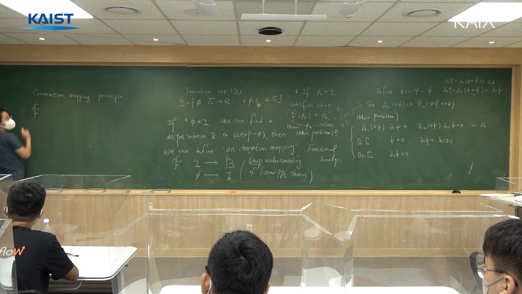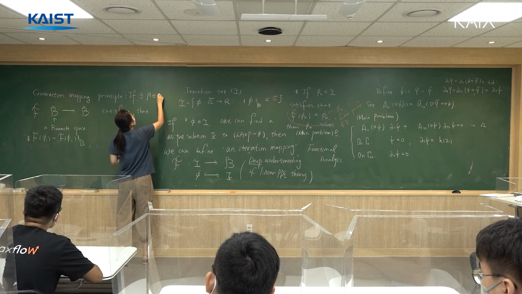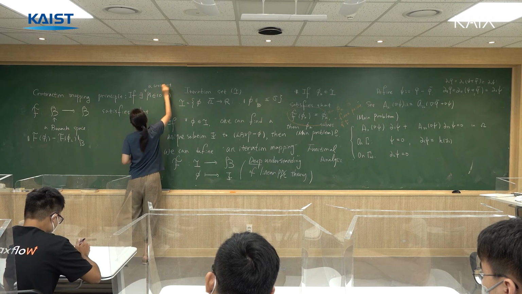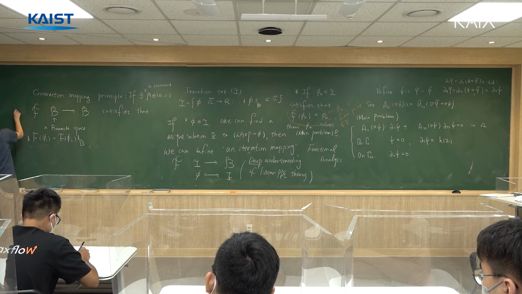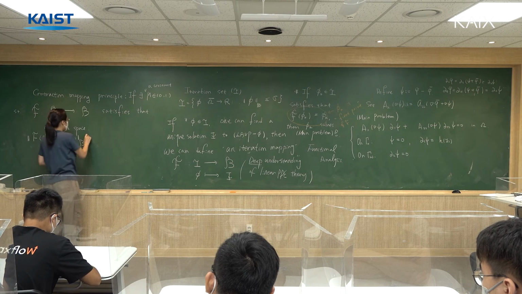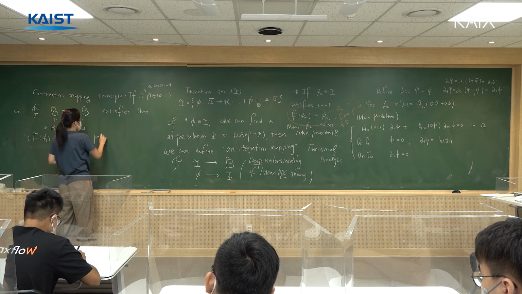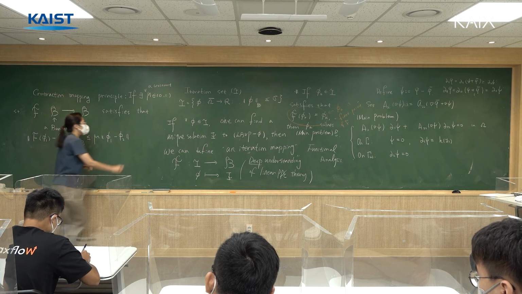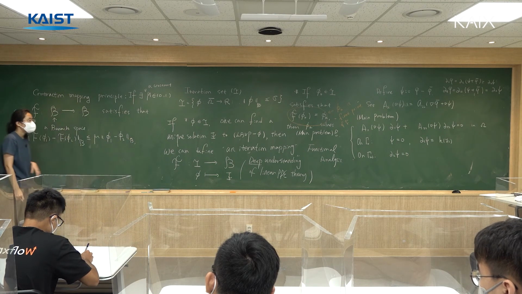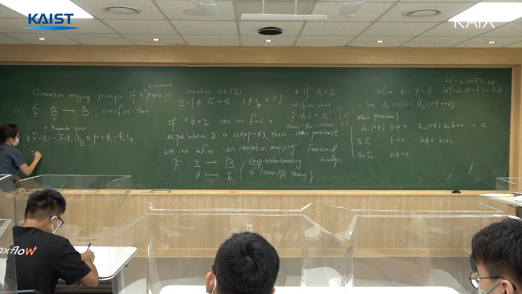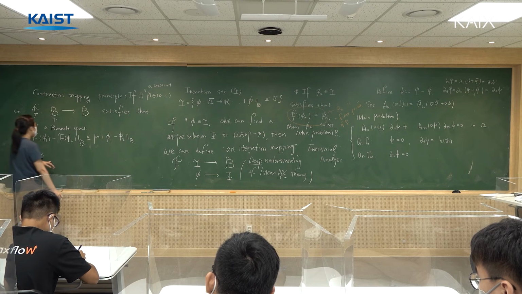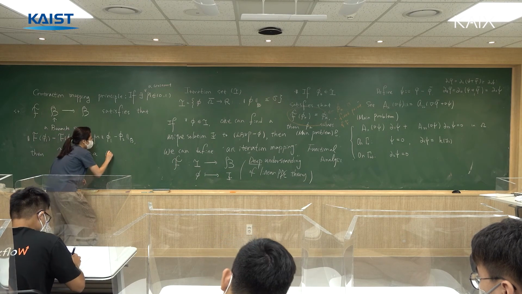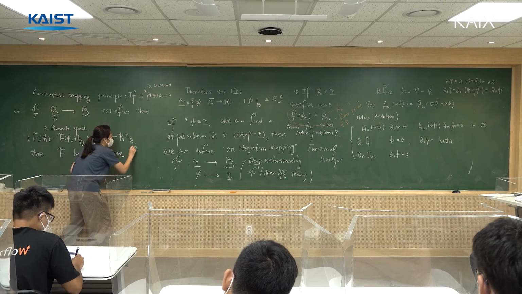Suppose that you have a mapping f, and it's very simple, there is a constant mu less than 1 such that the mapping satisfies that this is less than or equal to mu times phi1 minus phi2 in the space B. Then f has a unique fixed point.